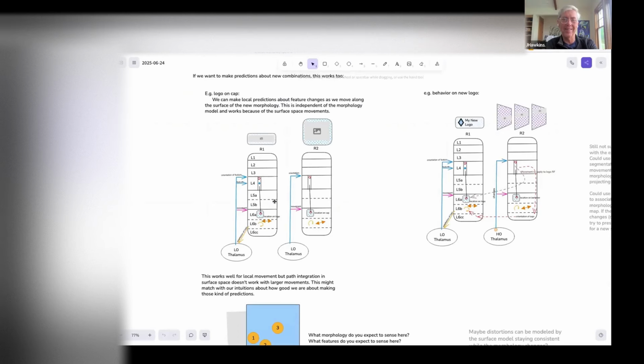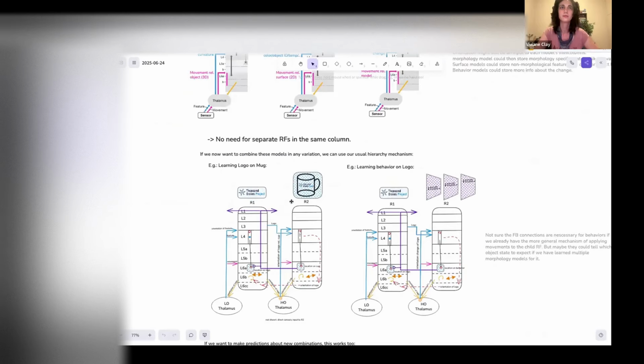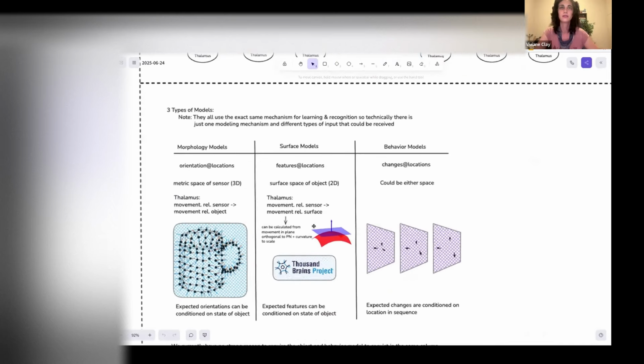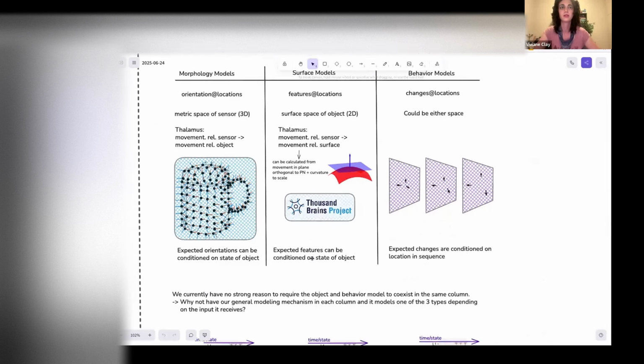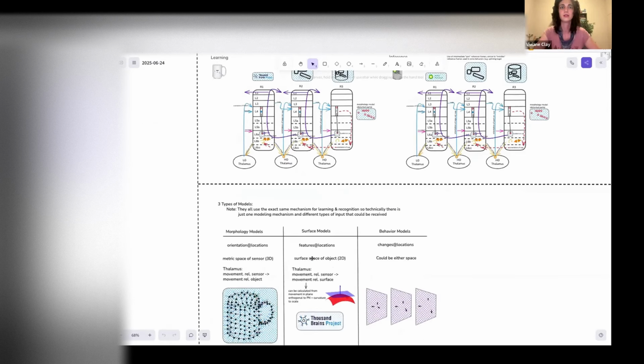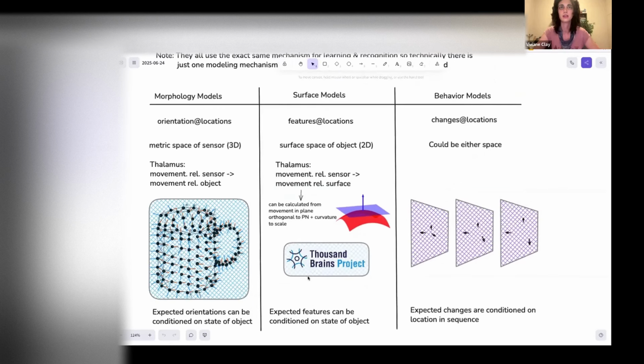Well, I'm mostly saying it for context because that was the reason why I thought of the idea, because I was thinking about these surface models. In the past, we talked about there being 3 types of models: morphology, behavior, and feature models. And the feature model seems to be more like a two-dimensional thing that can wrap around an object. We started talking about that topic because we were talking about object deformations, I think.